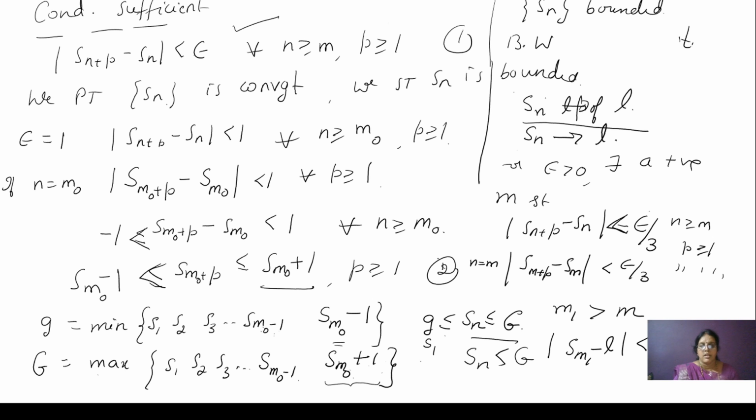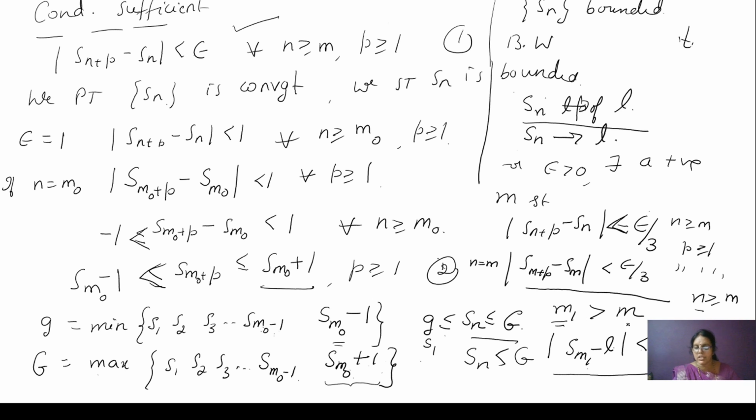By the definition, L is a limit point of S_n means S_n minus L is less than epsilon by 3, but in place of n, I am taking m1 now. So S_{m1} minus L is less than epsilon by 3. And here we have another relation like this.